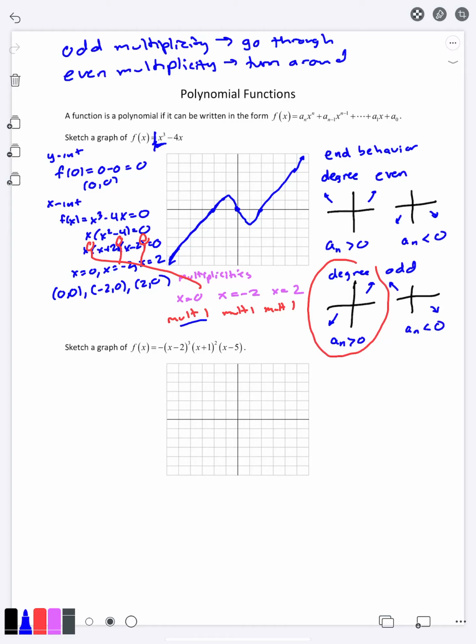Now, I will give you kind of an interesting point of view on these problems that you may or may not like. But if you think about it, the bigger the multiplicities you have, the worse the problem is going to be, the more factoring is going to be involved. So this right here wasn't too bad to factor, but I only had multiplicity 1s.